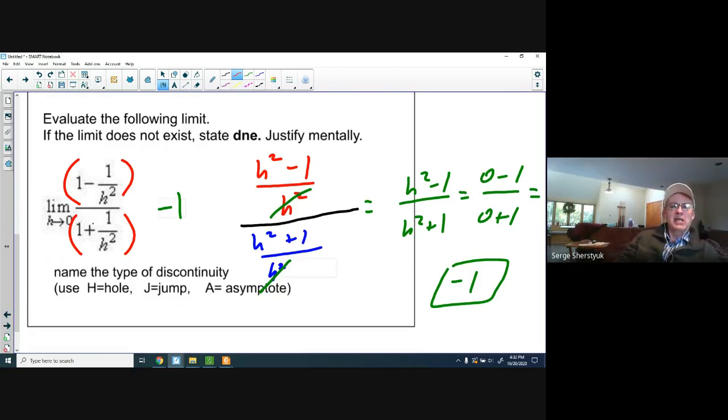That would be infinity. So the point is, this is a hole. I was able to cancel out the hole. It's a removable discontinuity. Removable ones are the ones you can cancel.